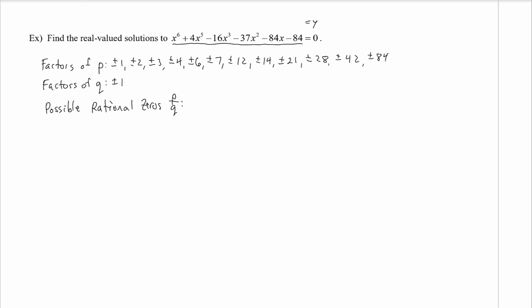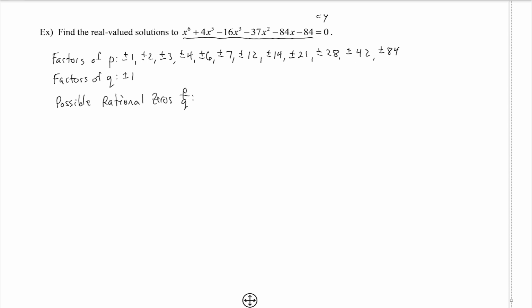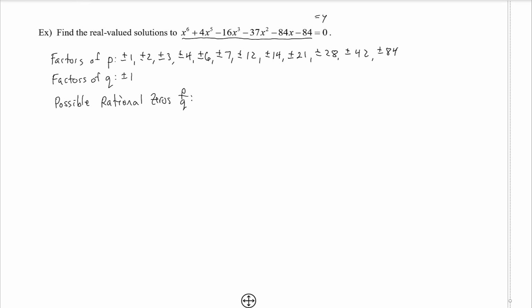So when you divide all these by 1, you just get that exact same list. So it's just this again. So we end up with all these same ones.